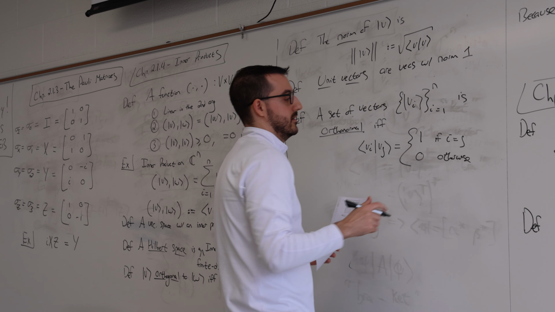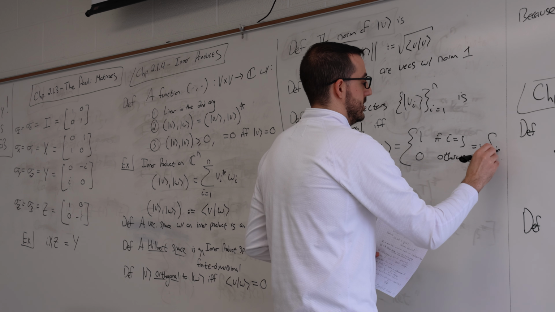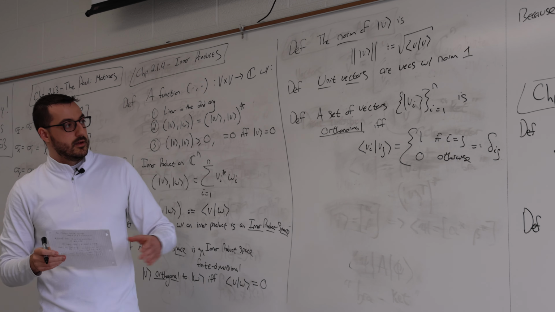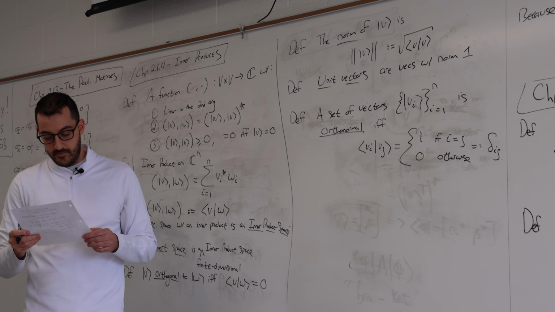Sometimes you'll see this with the notation of the Kronecker delta, delta ij. It just means what I wrote here.